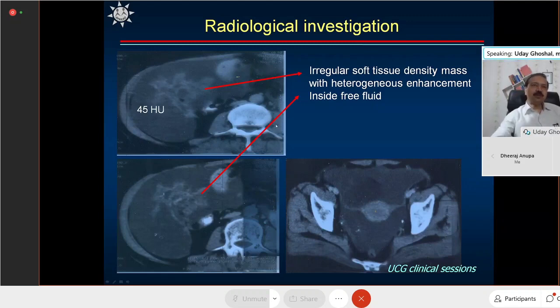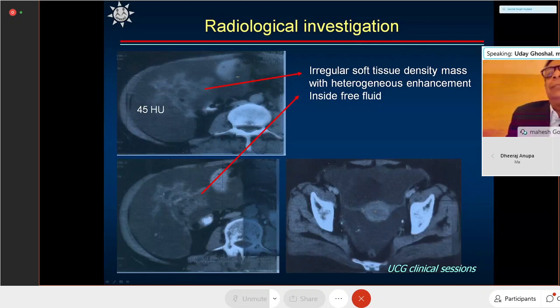I haven't written it. So if you have anything to say, you may type it on your chat box. Okay. Any attendee, you want to say anything, you can type on the chat box. Somebody has said hydatid cyst. Okay, very good. Hydatid cyst.